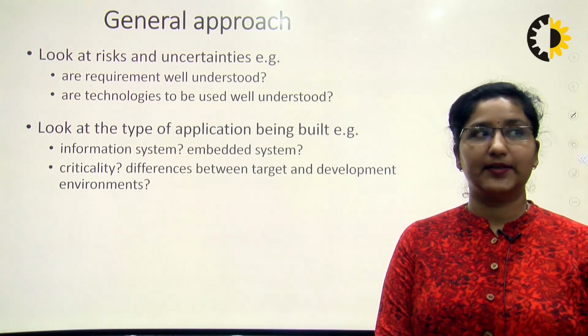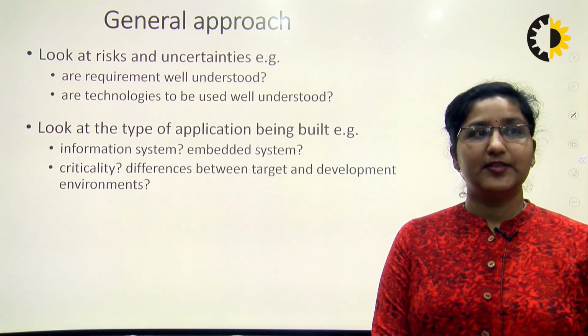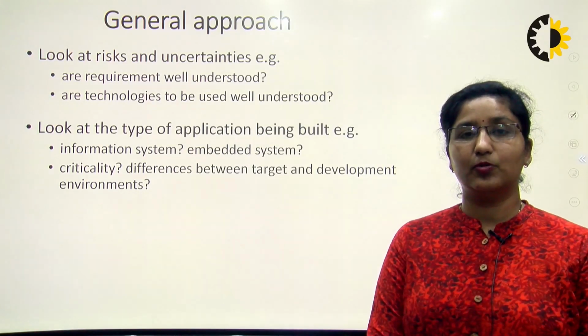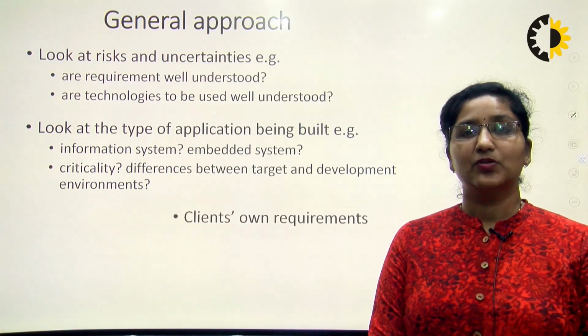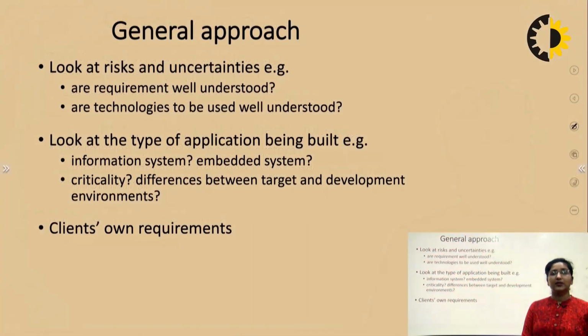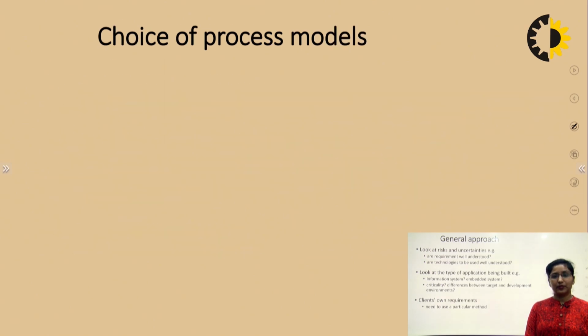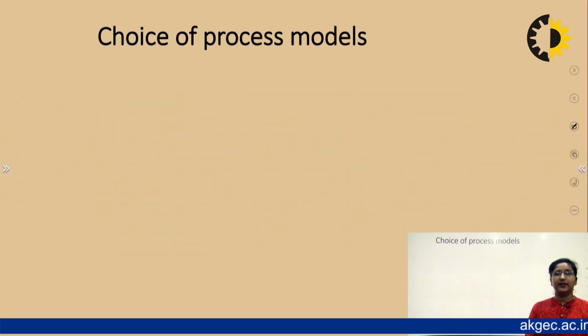Second is criticality. Now, there are differences between target and the development environments. Is there any difference between both of them or are they the same? So that needs to be identified. Third one, the client has its own requirements, right? It may need to use a particular method, or secondly, it depends on the choice of the process models.